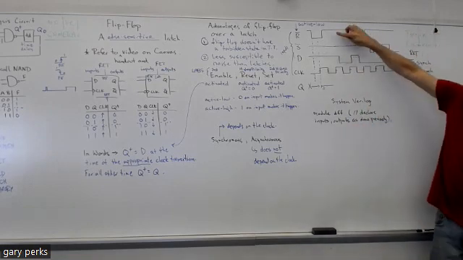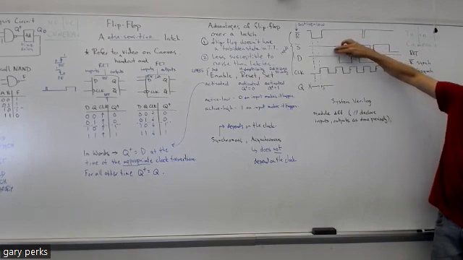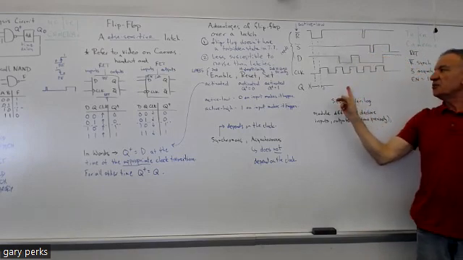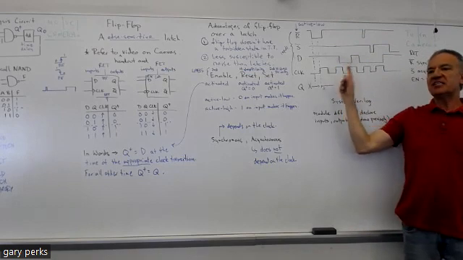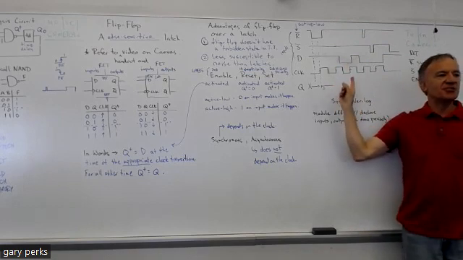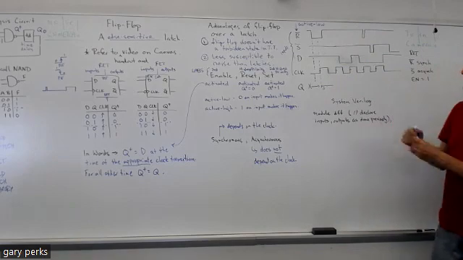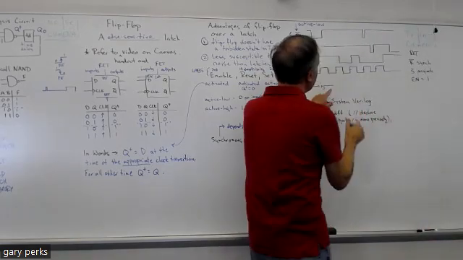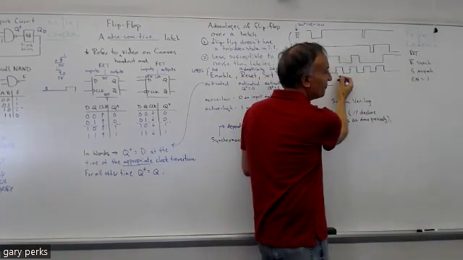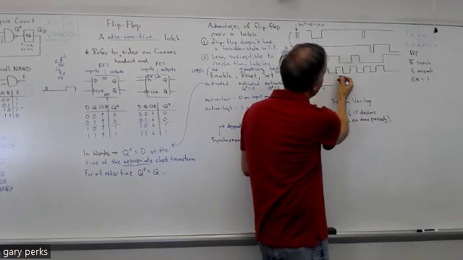Okay, so if you're not resetting and you're not setting, then the Q output is going to depend on what the D value is at the time of the appropriate transition of the clock. So this output's just going to stay 0 until we get to this first positive edge, or second positive edge, excuse me.